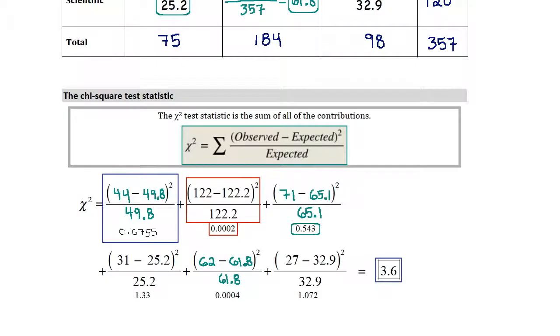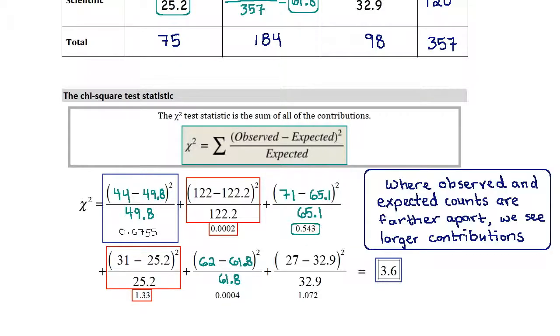Our largest contribution to the chi-square statistic came from this 31 and 25.2, which are a bit further apart. Still not a really big number here at 1.33, but we can see that the farther the expected and observed counts are from each other, in general, the larger the contribution that you will see to the chi-square statistic.